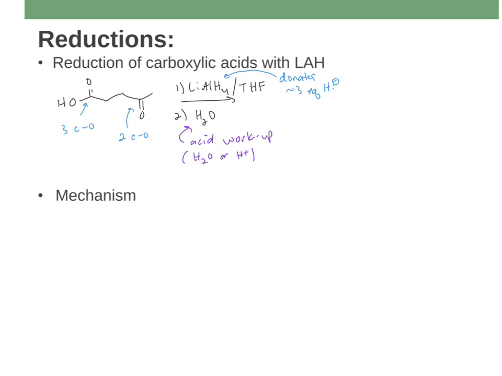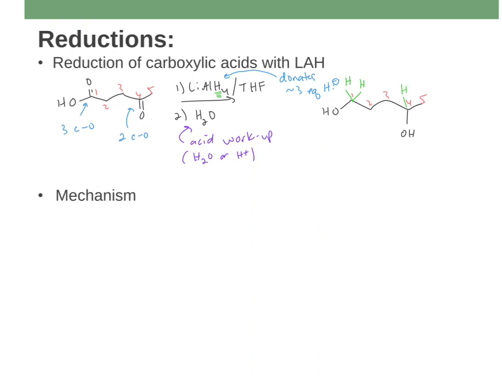In the end, and I'll label these carbons 1, 2, 3, 4, and 5, both of them are going to be brought down to just alcohols. Right, again, where this is carbon 1, 2, 3, 4, and 5, both of them are going to be reduced down to just 1 OH here, 1 OH here. Because these hydrides, there's 4 of them on there, but really a little more than 3 on average are available to be donated. Those hydrides, you end up putting 2 on carbon 1, and we got 1 on carbon 4.